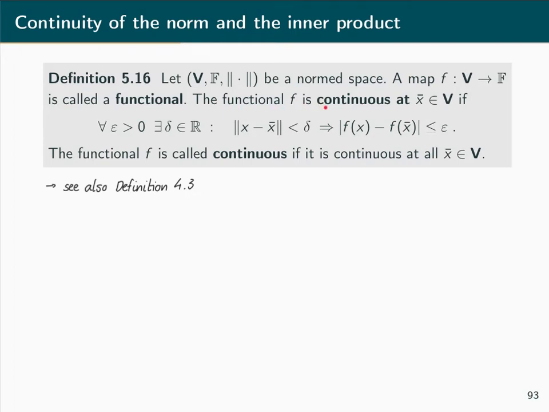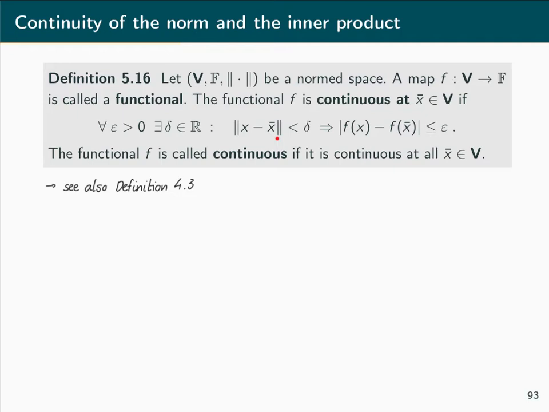Nonetheless, the usual definition of continuity of a function also applies to a functional. So the functional f is called continuous at some point x bar in the vector space if the following condition is satisfied. This condition is again a classical epsilon delta condition. So for every positive epsilon that's given to us, we must be able to provide a delta that may depend on epsilon, such that by keeping x inside a delta ball of x bar, we manage to keep the value of the functional f of x epsilon close to the value of the functional at x bar.